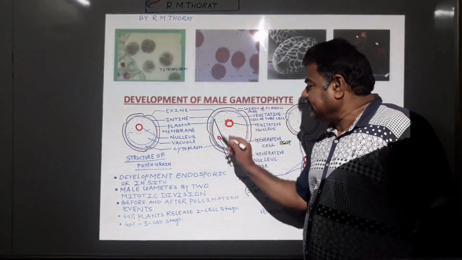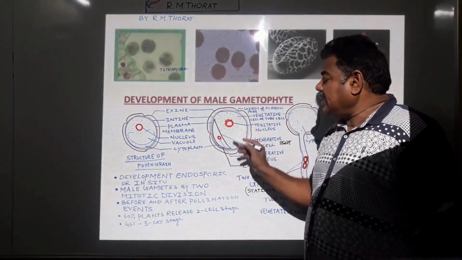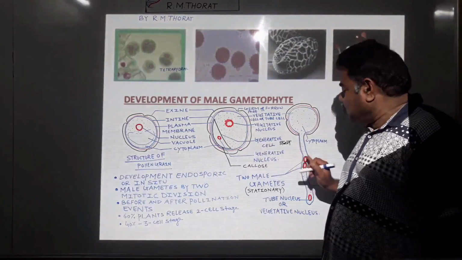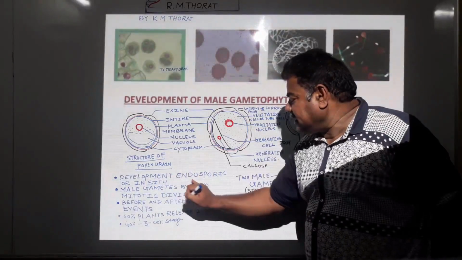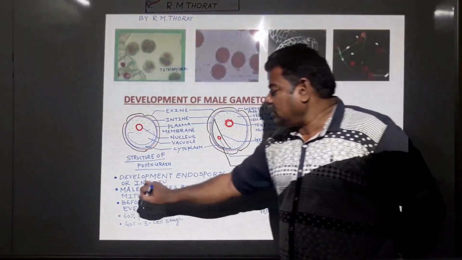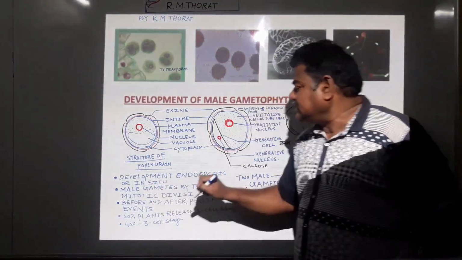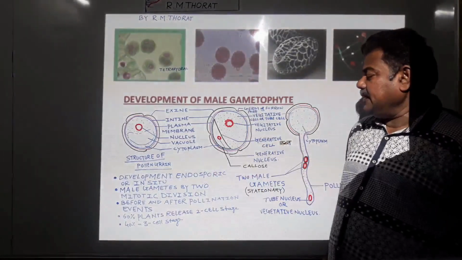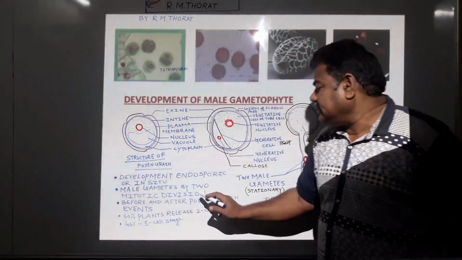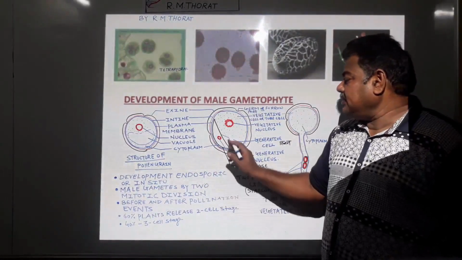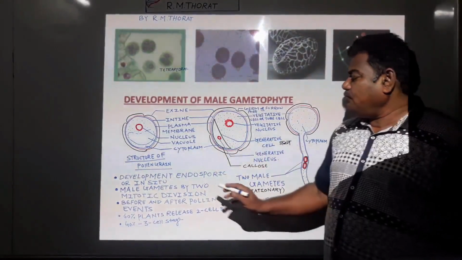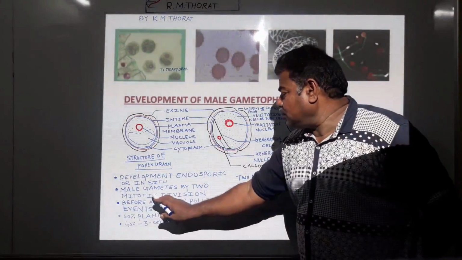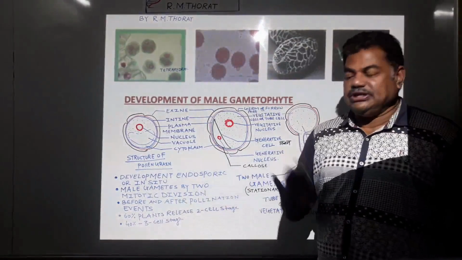Lastly, the two male gametes are formed, due to which we call the development endosporic, or in situ, meaning inside the cell. The male gamete formation takes place by two mitotic divisions.